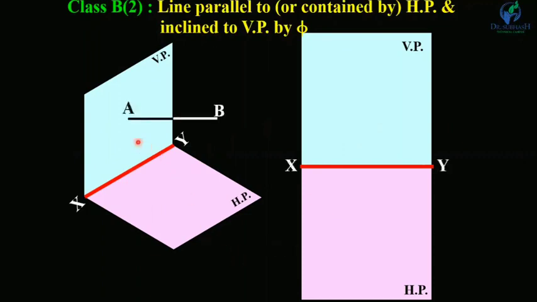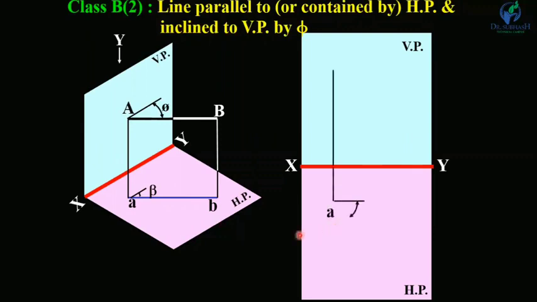So you can see this line AB which is parallel to HP and inclined to angle phi. Okay. Now first looking from the top, the projections A and B. So this is the top view. AB is the top view length. So inclination of this top view with XY is beta.